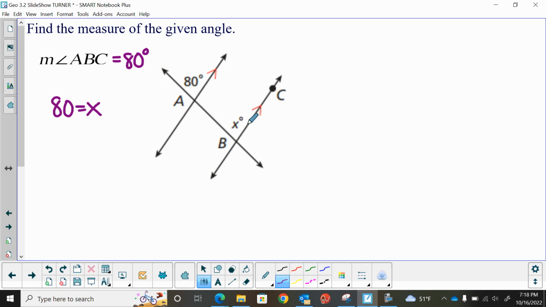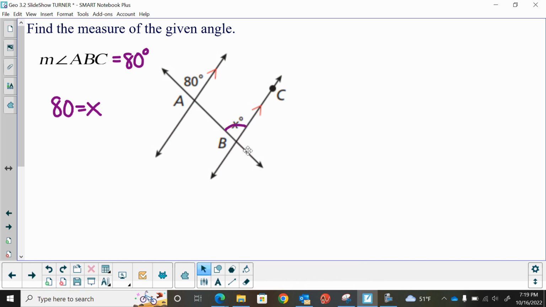If we look at this line with BC, at the intersection of the transversal, we get this angle X, which is 80 degrees. Let me just go back and do the congruent mark, from there to there.